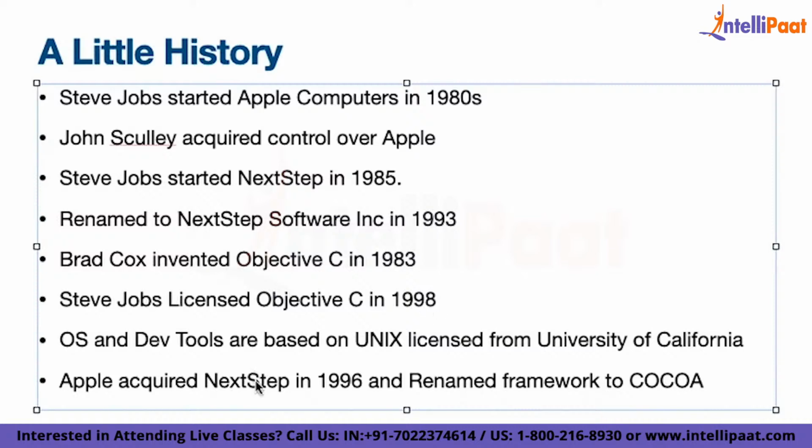If you had come here in iOS development a few years ago, you would have seen NeXTSTEP everywhere. NeXTSTEP initially was using an open source compiler which used to compile multiple languages: Java, C, C++, Objective-C, and all those languages.